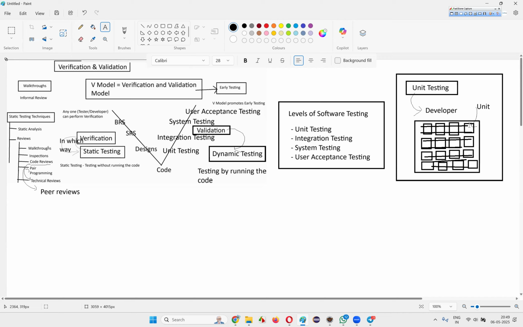Can anyone give an example of a unit? How does a unit look? Let's say the developer is building an application for doing mathematical calculations.